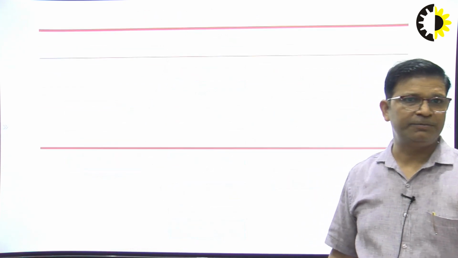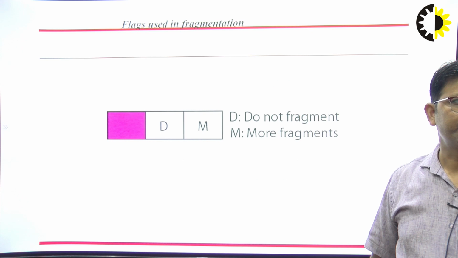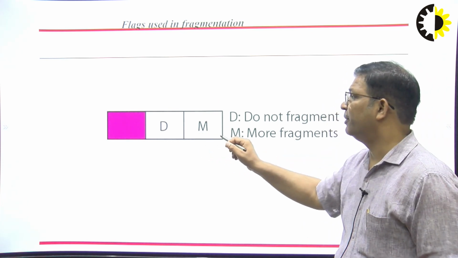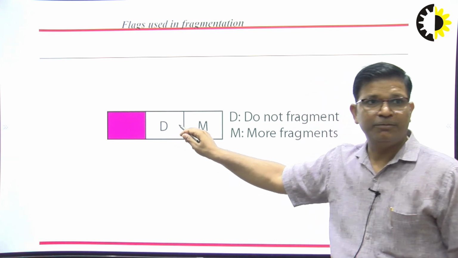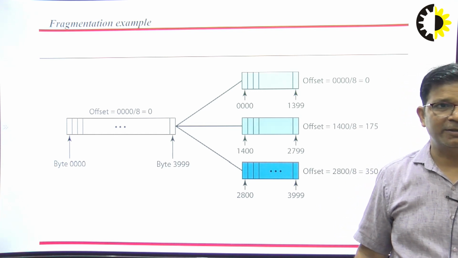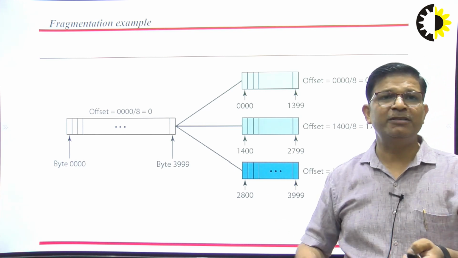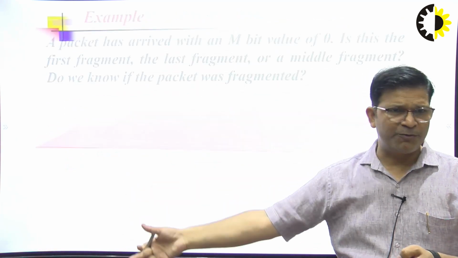This is D and M, and this is unused. D is do not fragment, and M is for more fragments. If M is 1, it means there are more fragments, multiple offsets.